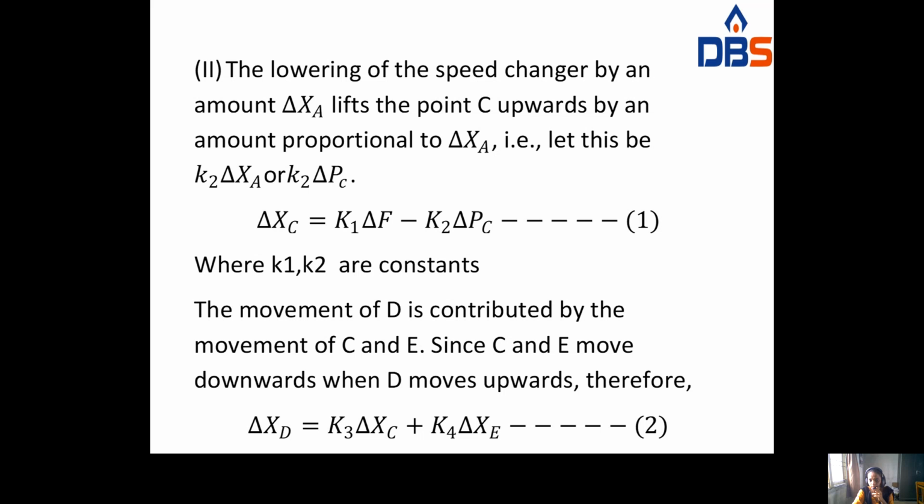Here delta xc equals k1 delta f minus k2 delta Pc, where k1 and k2 are constants. The movement of point D is contributed by the movement of C and E. Since C and E move downwards, D moves upwards. Therefore, delta XD equals K3 delta XC plus K4 delta XE, which we consider as equation 2.